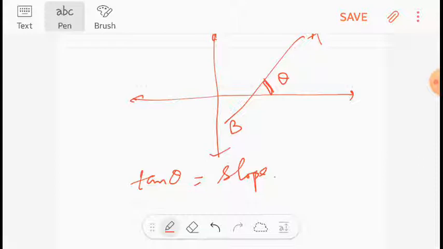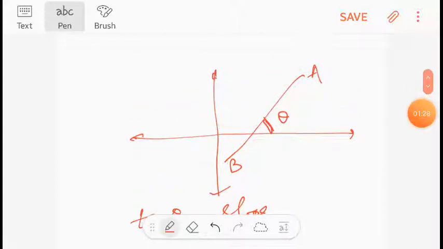Let PQ be another such line. I consider the line this way; this is P, this is Q. Here you always have to take the angle in the clockwise sense, so this angle will be the inclination of the line PQ.